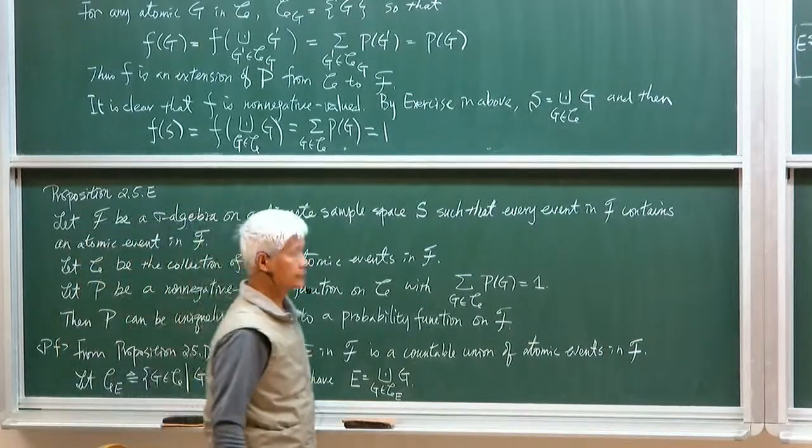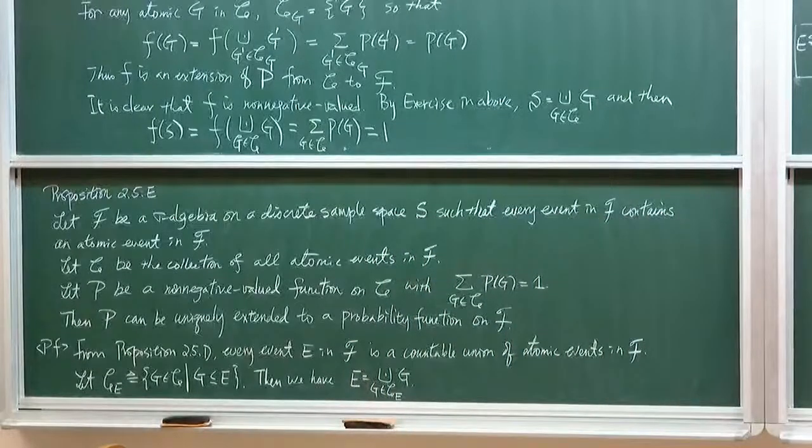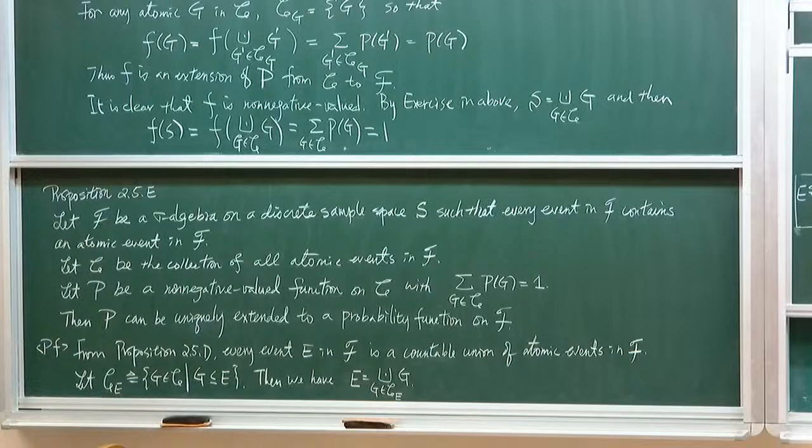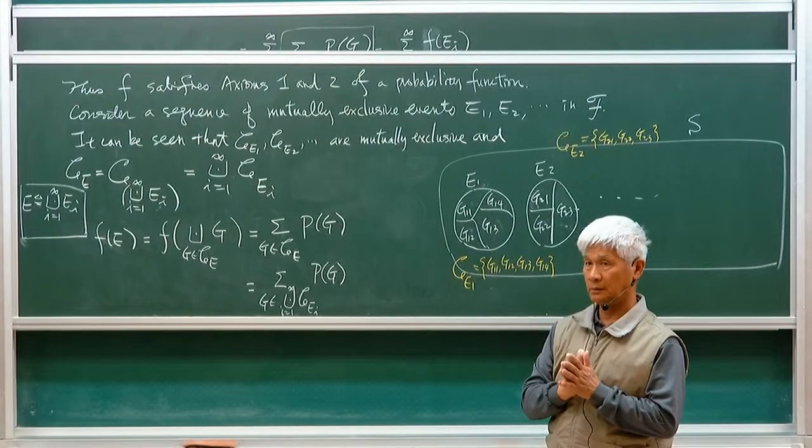These atomic events are included in all the events E1, E2, E3. So we just assign probabilities to atomic events such that together they sum to 1.